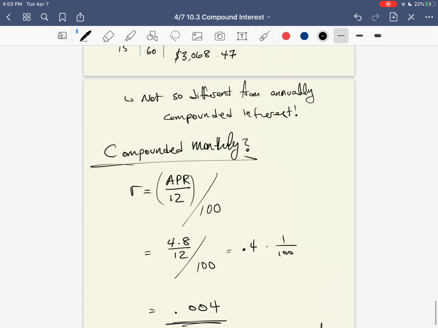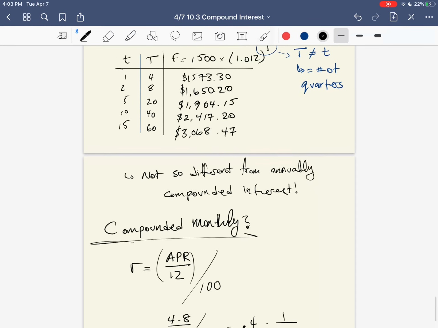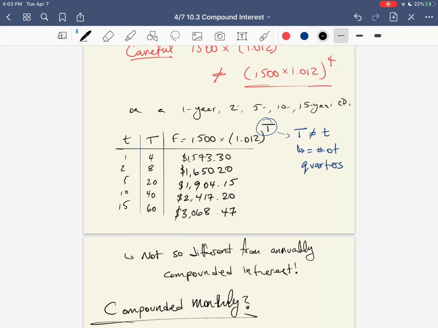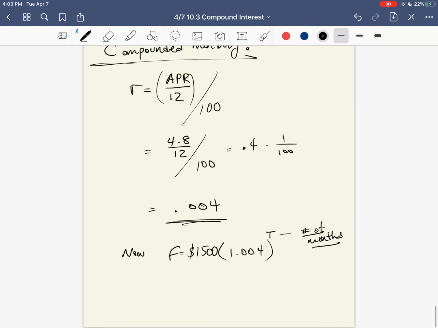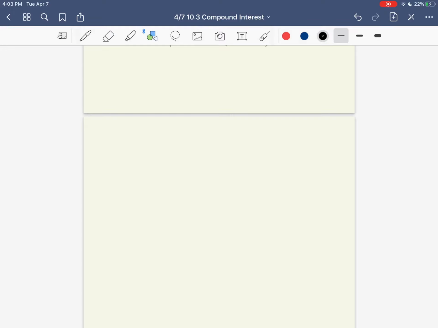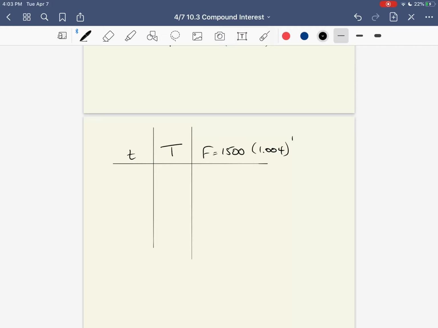Okay. So we can go back then and just change our table. So why don't I do another table now? T, and F equal to 1,500 times 1.004 raised to the t.